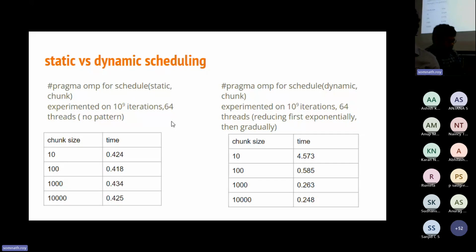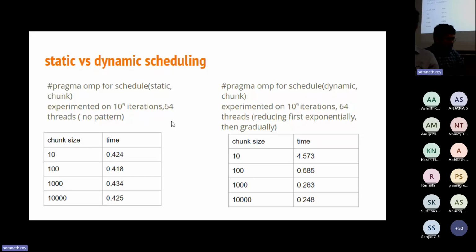Sir has explained in class what static and dynamic scheduling are. When you vary the chunk sizes, you'll see no difference in static scheduling, because there is no extra scheduling overhead: there is a proper algorithm for which thread will get which chunk. But in dynamic scheduling there is no such algorithm, so there is a selection involved.